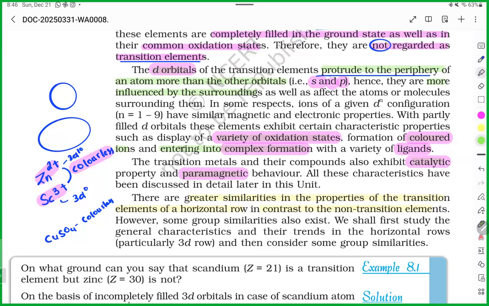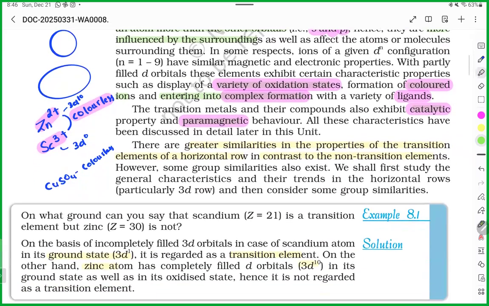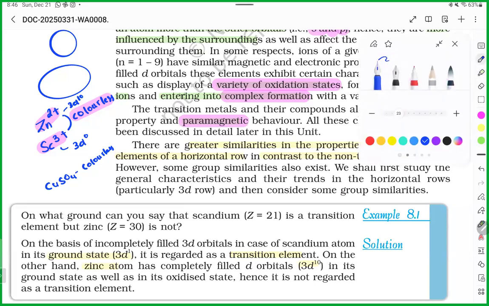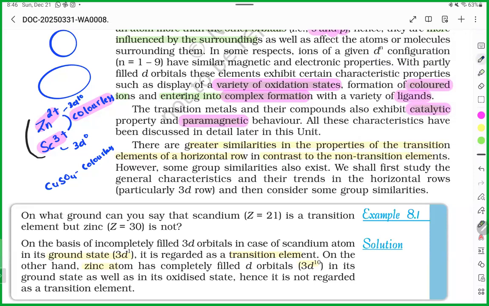Any doubt, guys? No, sir. I said most of the d block elements are paramagnetic because they have an incomplete d subshell. If it is complete, like in this situation, zinc or scandium 3 positive, both will be diamagnetic.